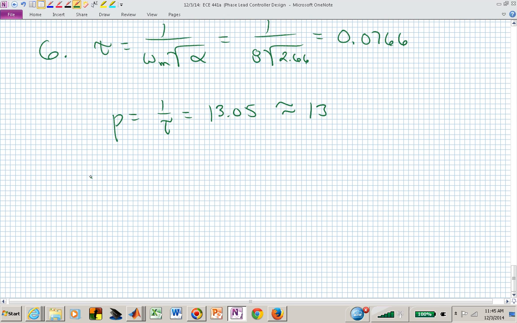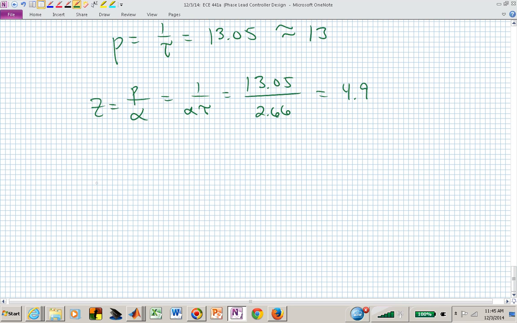Our zero is an alpha factor smaller than that, so that we now have 1 over alpha tau. It's another way of expressing it, but we have 13.05 divided by 2.66. That's p divided by alpha. That's now 4.9, and now we have a controller, G sub c.